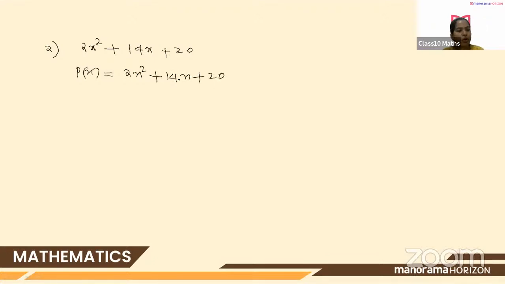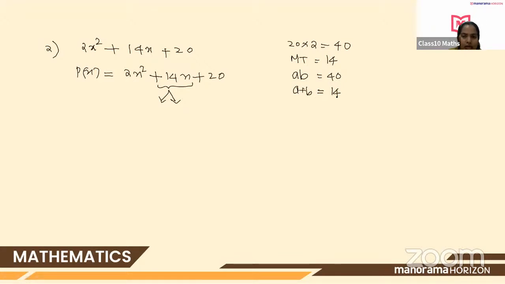Here also the method is splitting the middle term. Just split the middle term. The remaining terms, 20 into 2, is equal to 40. So the numbers should be a into b is equal to 40 and a plus b should be equal to 14.